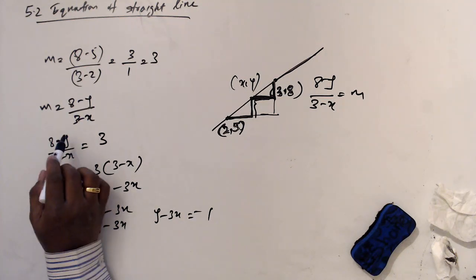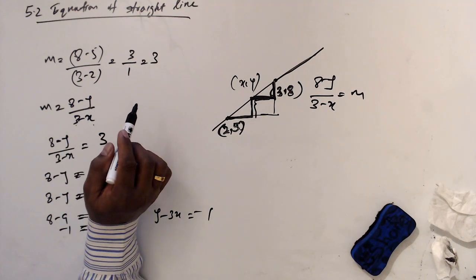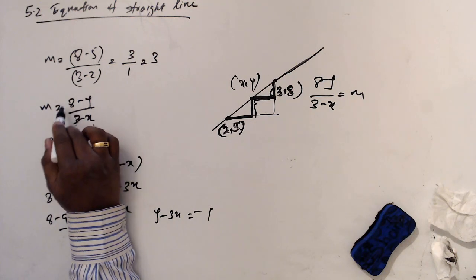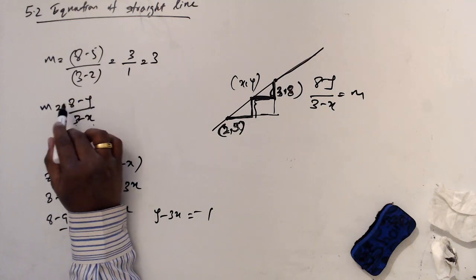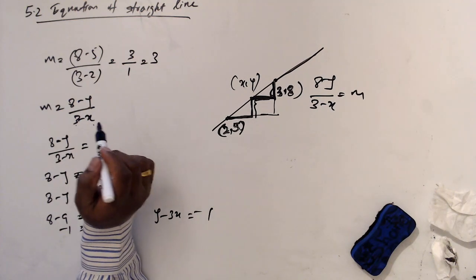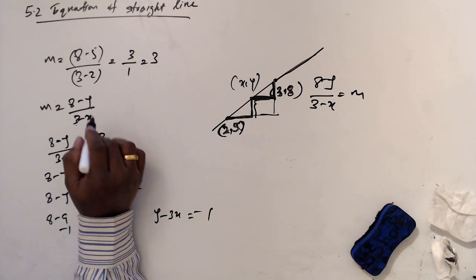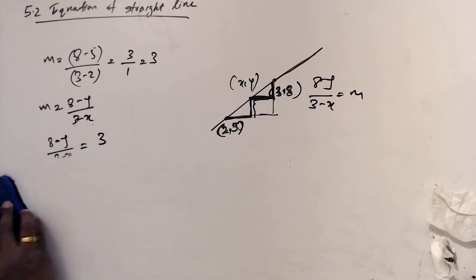Now when you look at this one, (8 minus y) over (3 minus x), this is right, but it is nice to have (y minus 8) over (x minus 3). If you write it like this, you can use two ways to adjust this one.